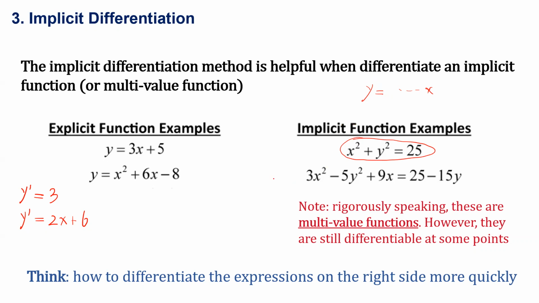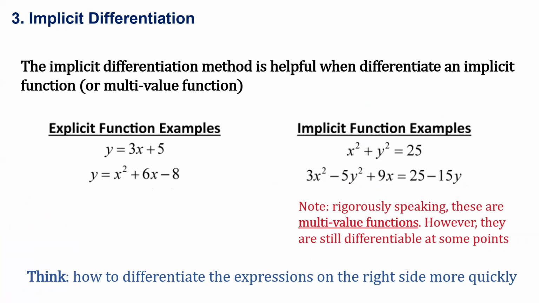Or in the second case, if we have the relationship 3x squared minus 5y squared plus 9x equals 25 minus 15y, again, the expression of y with respect to x is not explicitly given in the form y equals f(x).